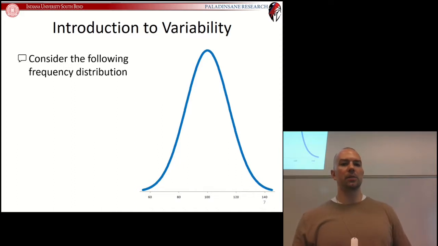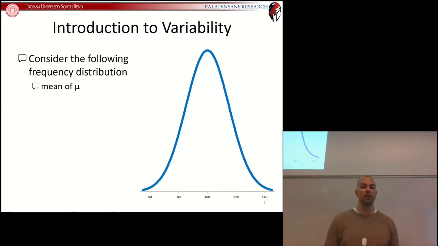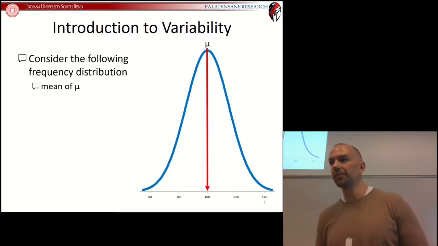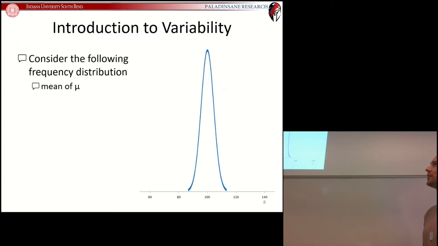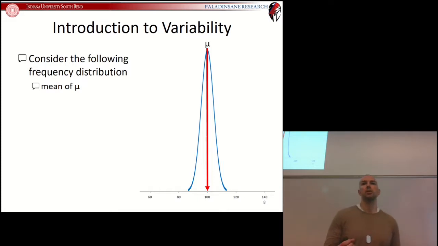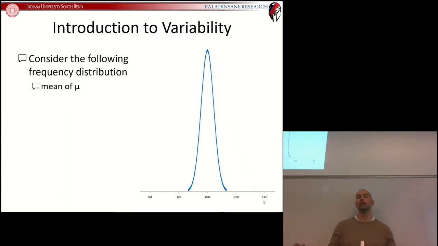So that frequency distribution has a mean of mu, a population mean. The population mean is right there. It has a mean of 100. That's one distribution. This second distribution, a completely different distribution, also has a population mean of 100. So distributions that have the same mean can vary widely, and that varying is that variability.